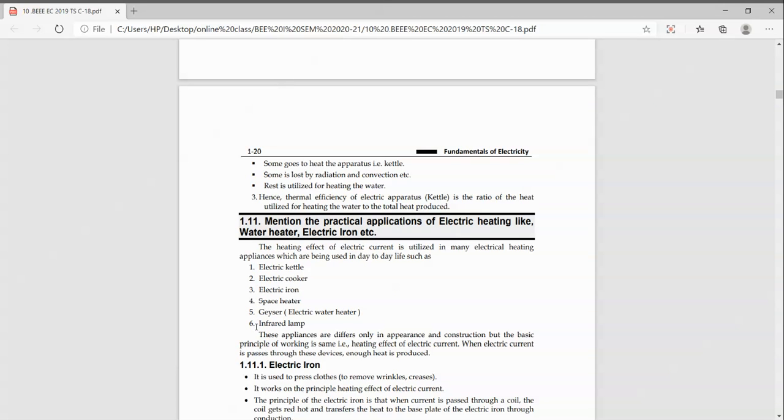These are general applications. I think you even know the electric cooker because you might have studied it in 10th class. Anyhow, we will go through this. These are the heating appliances we use for electric heating.